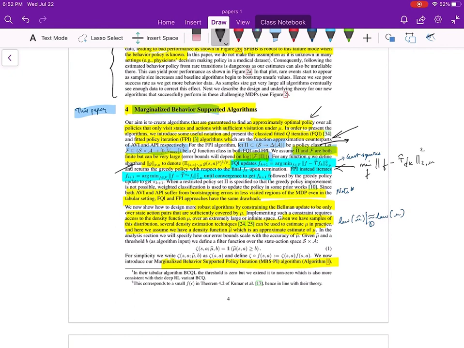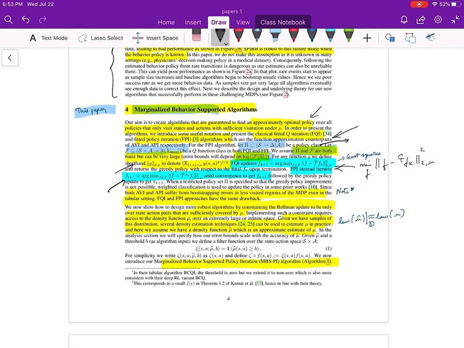Similarly, FPI also has a similar structure where you iteratively do this step, where you directly get the policy by using the greedy approach instead of going through policy evaluation and the improvement step separately.